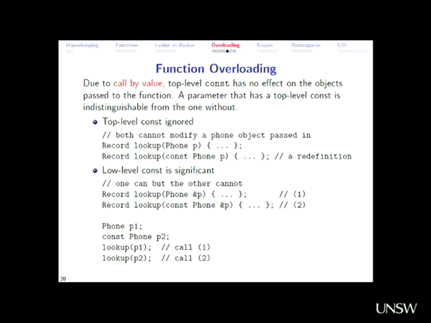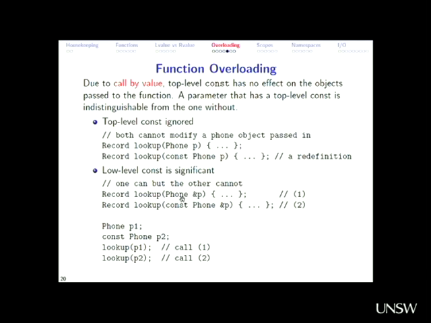But for low-level const, we talked about const with references on Monday as well. Again, if you get confused about this stuff, go back and look at the second half of Monday's lecture. We can have a reference to a phone and a reference to a const phone. The top one doesn't work, the bottom one, with call by reference, does work, because you read references right to left.